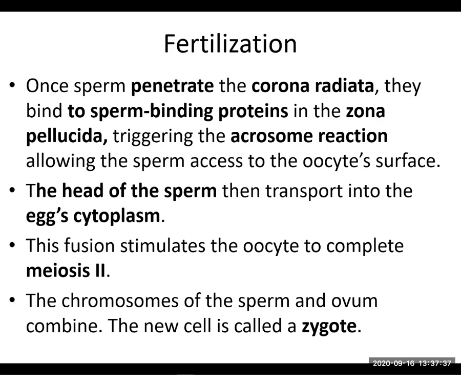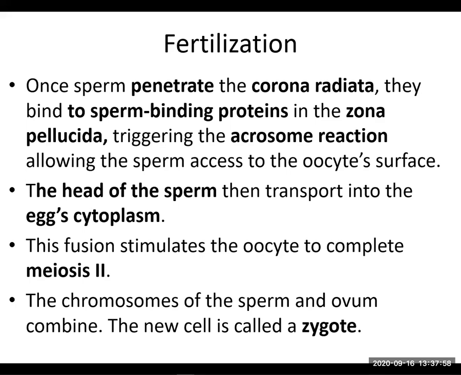This secondary oocyte contains the chromosome number n times 2, and it needs to complete meiosis II in order to become haploid. So fertilization will trigger it to complete.